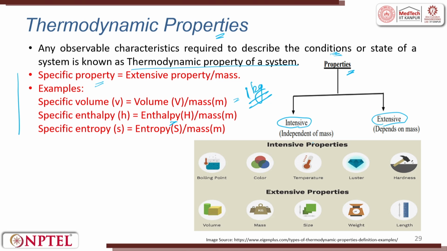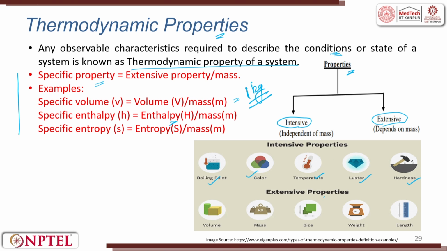So, intensive properties are color, temperature, boiling point, they do not depend on the mass. The luster, the hardness, they do not depend on the mass. You can have a small item, you can have a large item, the hardness will be the same. Whether you put 1 kg of wax or 10 kg of wax, the boiling point is the same.